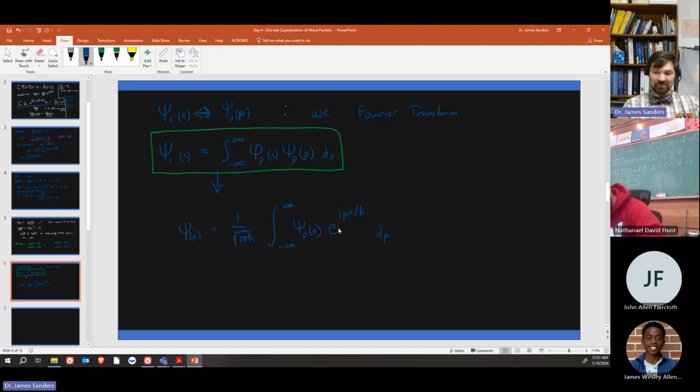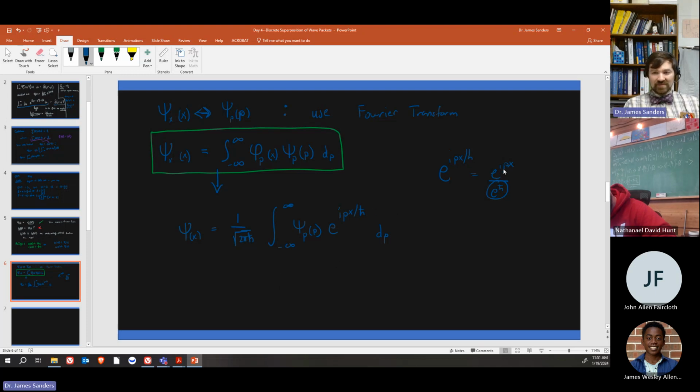Over something, but over something is, if you have e to the i px over h bar, this is the same as e to the i px over e to the h bar, and this is constant, so you can also pull it out if you'd like.